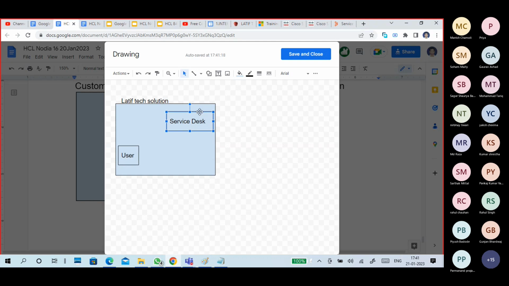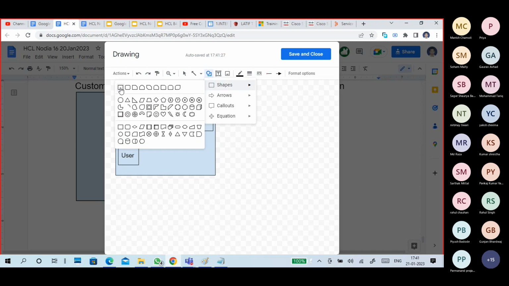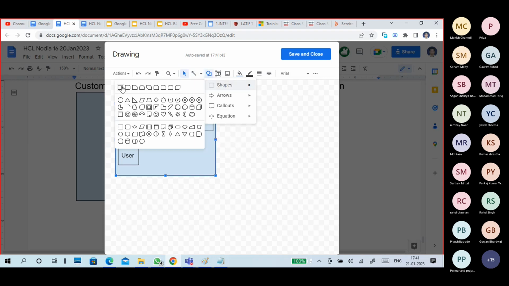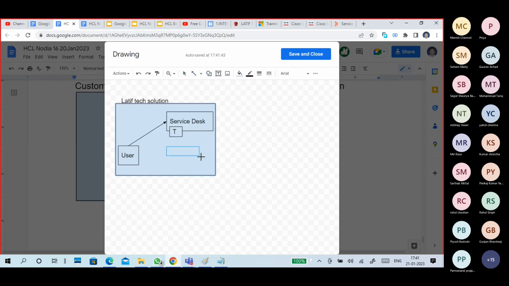What will the service desk do when I reach them? The service desk will create a ticket. They will understand the customer requirement and create a ticket as per the customer. This ticket will be forwarded to the concerned team.